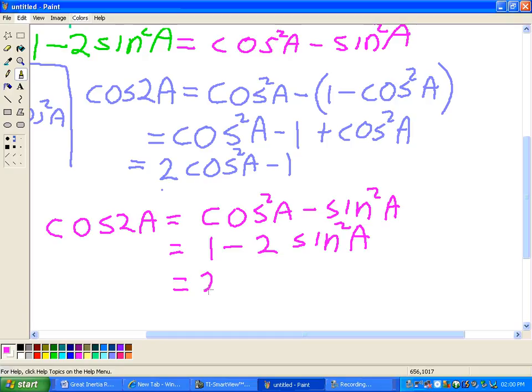Or we could have said 2 cosine squareds minus 1 would be that. And that way, if they gave me the number for cosine, I would use that equation. Those are the new things for today. Let's look at some problems.